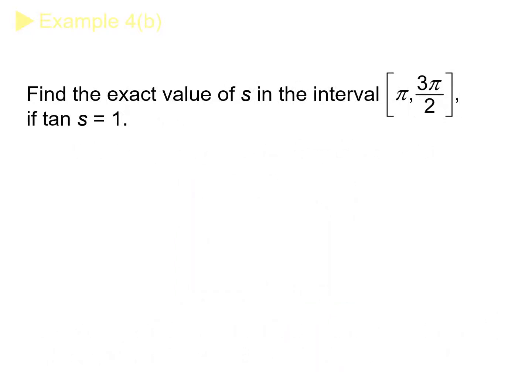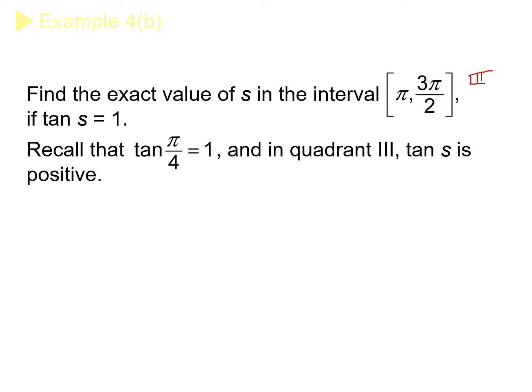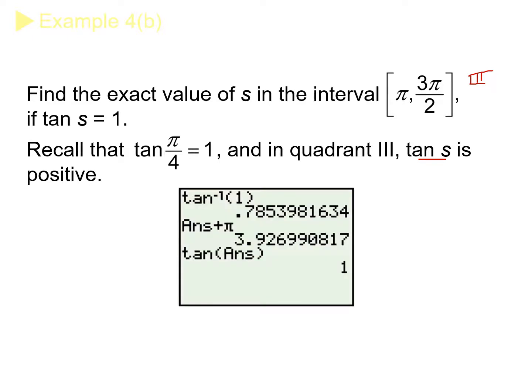Find the exact value of s in the interval of 3 pi over 2. Now this is quadrant 3 if tangent of s is 1. Now we know tangent of pi over 4 is 1, and in quadrant 3, tangent is positive. So the angle whose tangent is 1 is 0.7853.